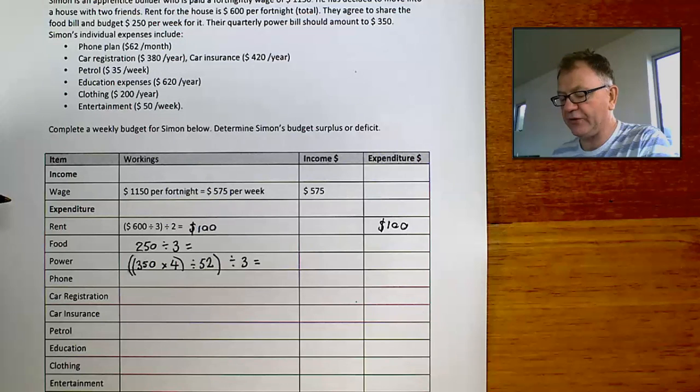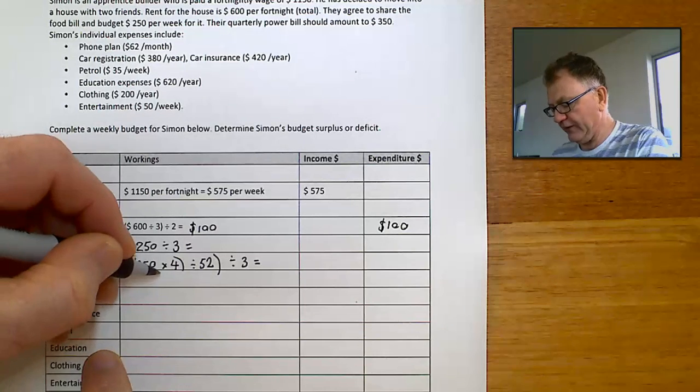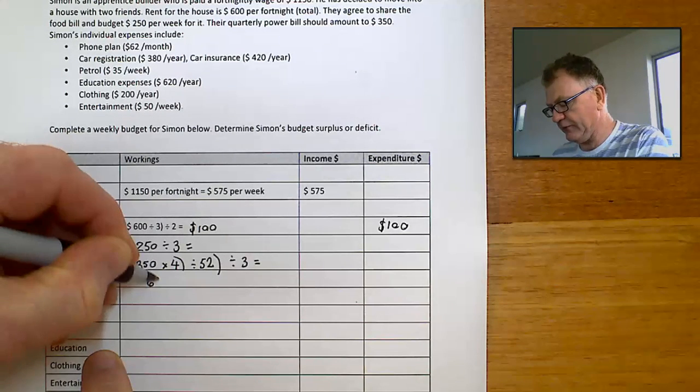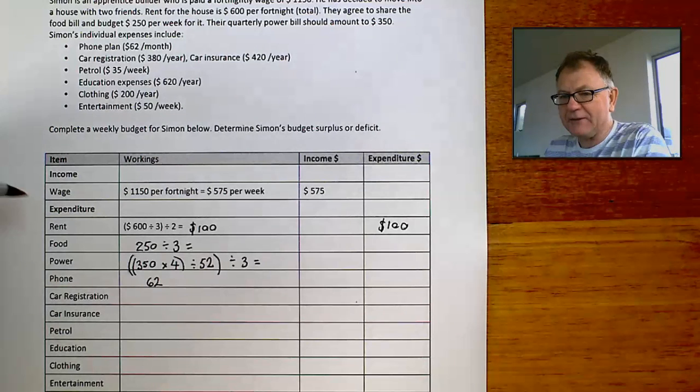The phone's also a little bit tricky. His phone bill, he's got this on a phone plan, and it costs him $62 a month. Now you would think it'd be fair enough just to divide that by 4, and you would probably be pretty right. You get a good estimate, but it wouldn't be exactly right. You see, there's a little bit more than 4 weeks in a month.